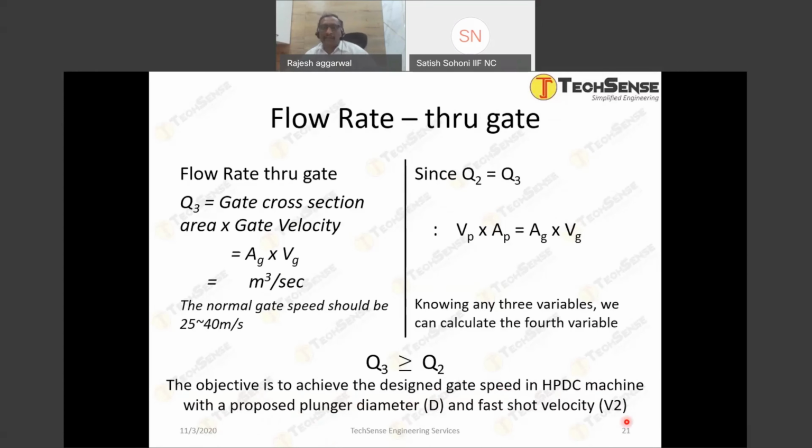Similarly, when the metal is passing through the gate, the flow rate must be the same. So we can say that Q3 is the gate cross-section area into the gate velocity. Since Q2 and Q3 are the same, VP into AP is equal to AG into VG. Knowing any three variables, we can calculate the fourth variable. Again, the objective here is to achieve the designed gate speed in the HPDC machine with the proposed plunger diameter and the fast shot velocity.